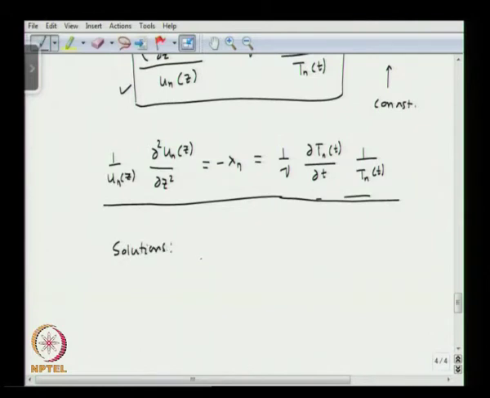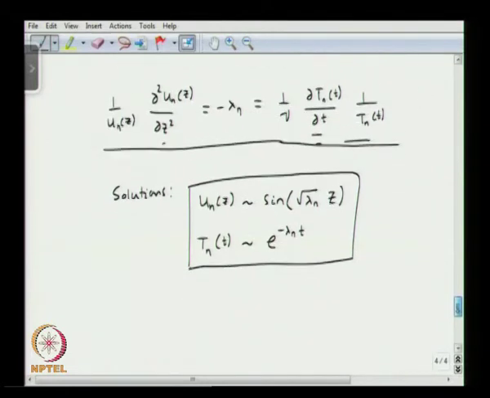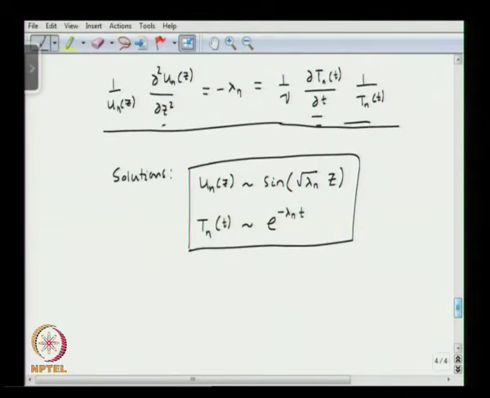The solutions for Un(z) are going to look like sine of square root of lambda n into z, and Tn(t) is going to look like e to the power minus lambda n into t, because this is first order and this is second order. So, this is how the solutions for Un(z) and Tn(t) will look.